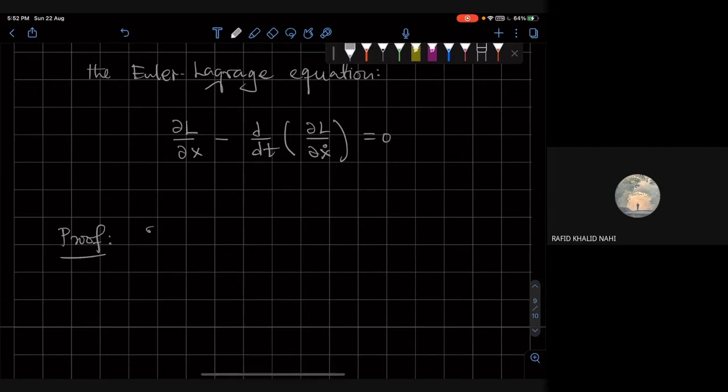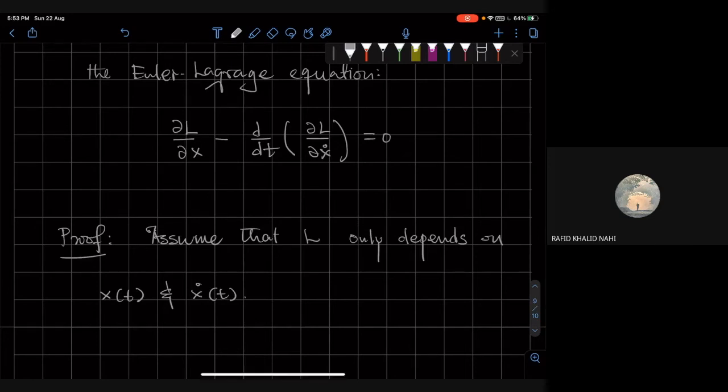So we assume that our Lagrangian only depends on x of t and its first derivative. Okay, no higher derivative. We are not assuming higher derivatives because physics usually doesn't require those sort of Lagrangians.